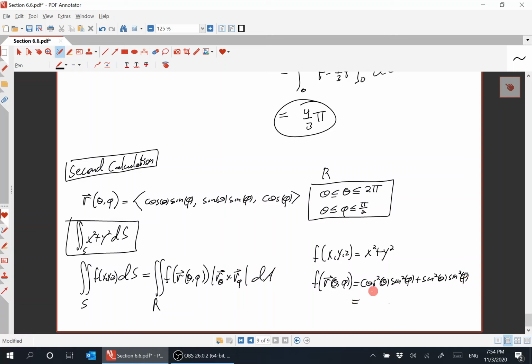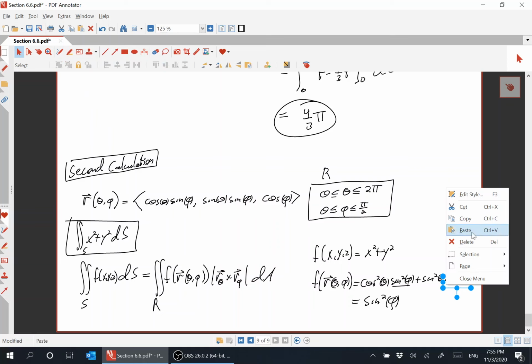So I have cosine squared theta plus sine squared theta times this common factor, sine squared phi. So I just get these adding up to 1 and leaving that common factor sine squared phi. So f of r of theta, phi is just sine squared phi.